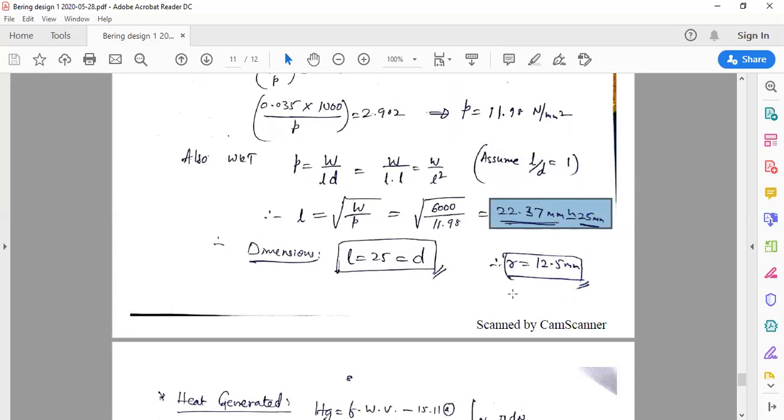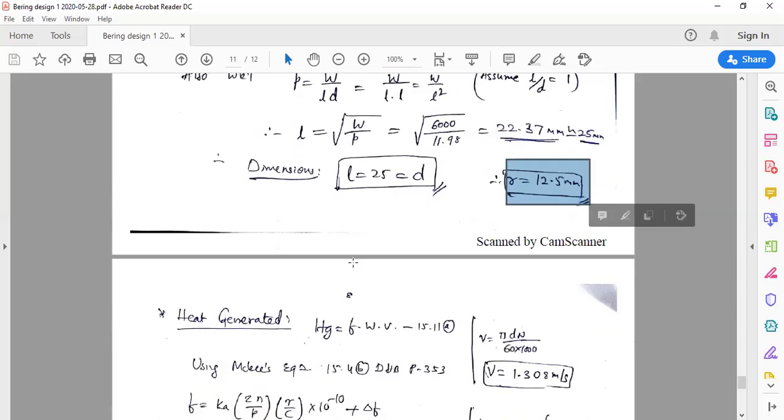W is radial load and P is taken from the earlier step, that is cross multiplied here, and L is square root of W by P. So the value of L that is obtained is 22.37 mm, and I round it off to 25 mm. So D is also equal to L, therefore D is also 25 mm. And next R, radius, is half of the diameter, that is 12.5 mm.